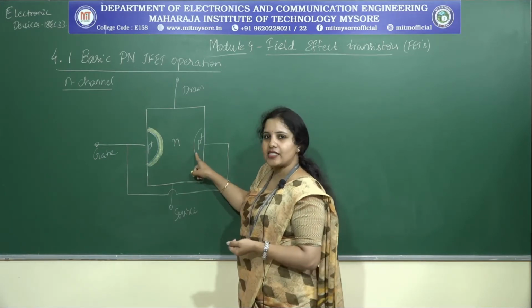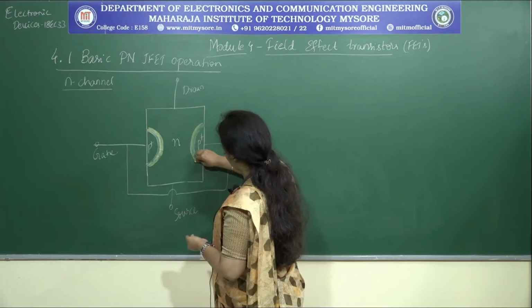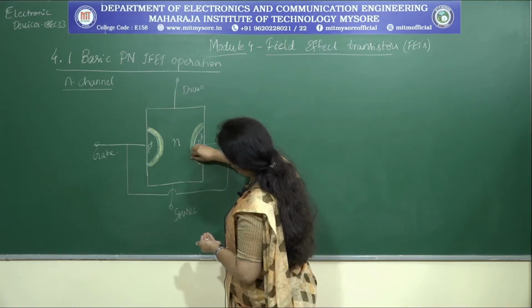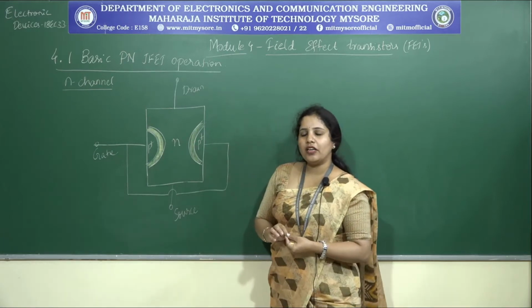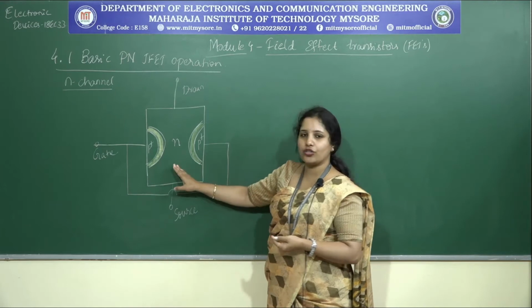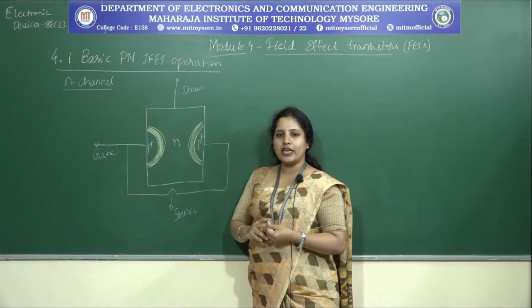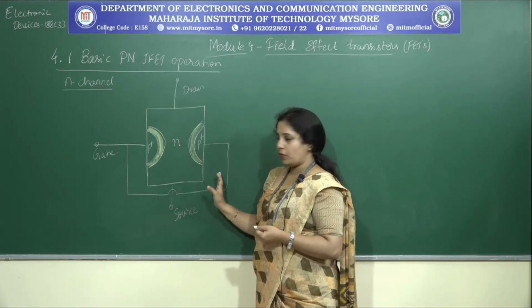Therefore, even there exists a depletion region, and let me represent that depletion region as well. Tell me now, how many depletion regions are there when I consider an N channel? There are basically two depletion regions that exist. I hope all of you are clear with this.